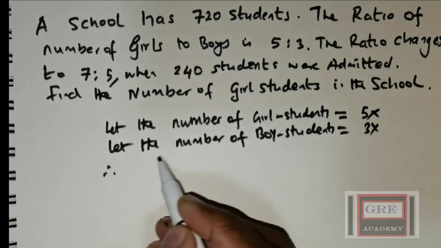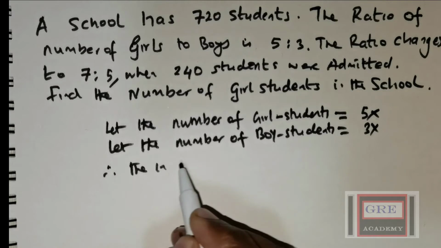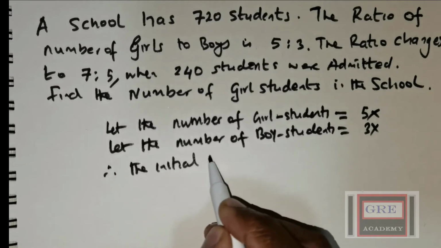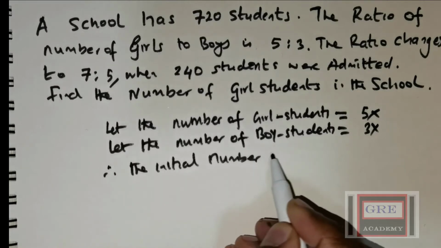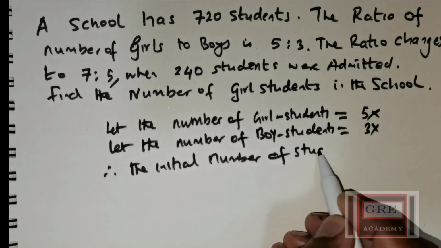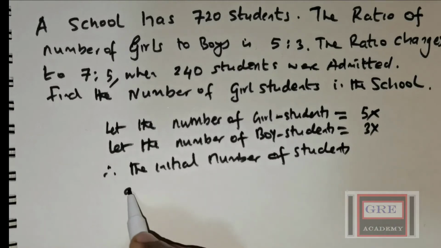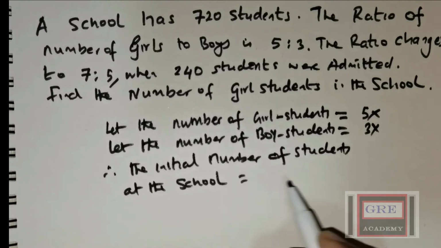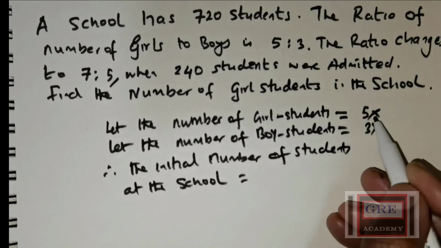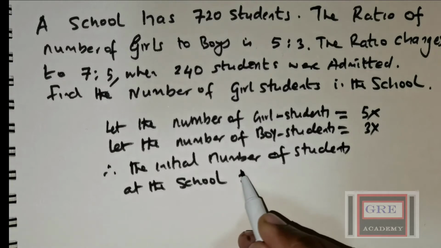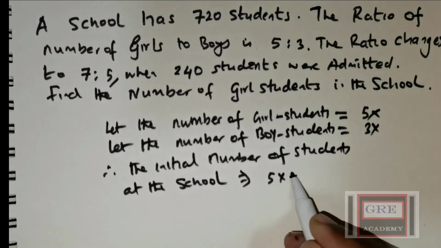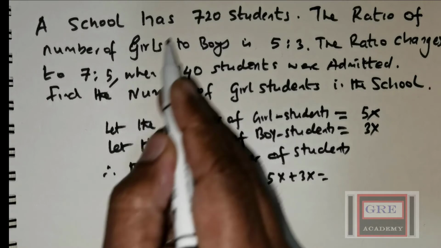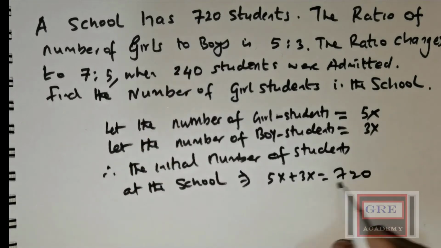So therefore the initial number of students at the school will be equal to 5x plus 3x, which is equal to 720 students.